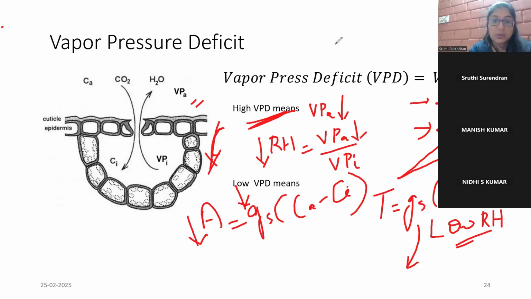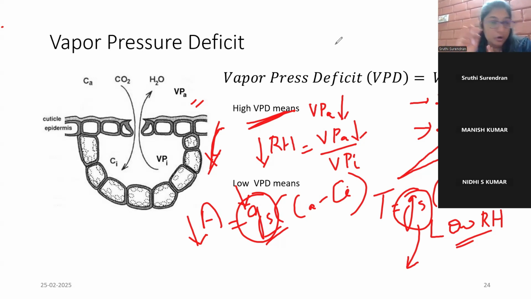So in order for photosynthesis to not decrease as a result of the reduced stomatal conductance, we have equations that will help in finding out this optimum value. What is the stomatal conductance, or the opening of the stomata, so that photosynthesis is optimum, whereas transpiration is also not too high.